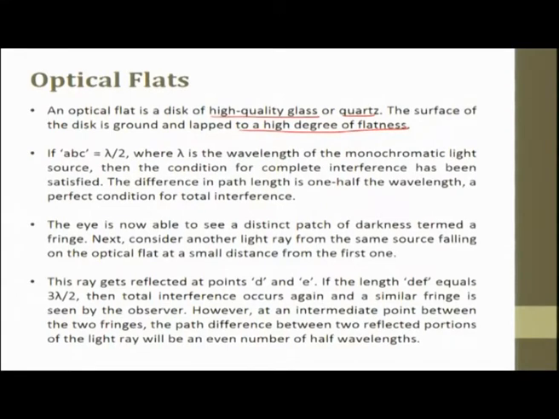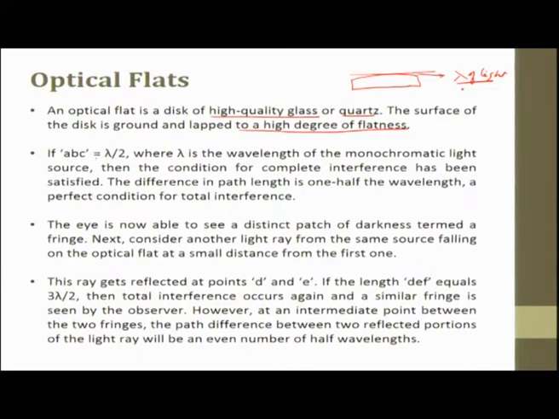This is basically to measure very small deviations in the object, and you report these deviations in terms of wavelength of light, or you talk in terms of degrees. Very, very small deviations can be measured, and this is the only device which gives you such a high resolution measurement.